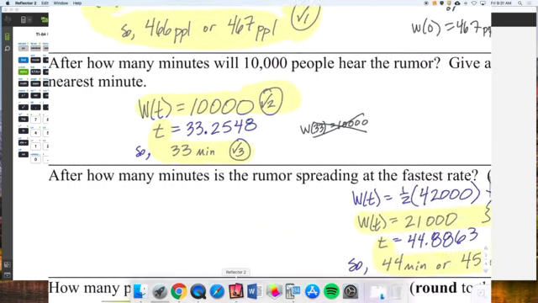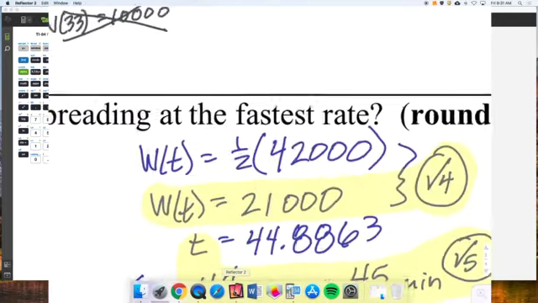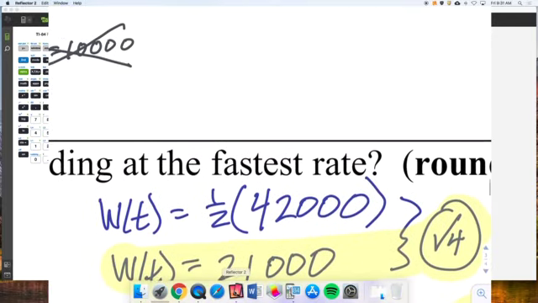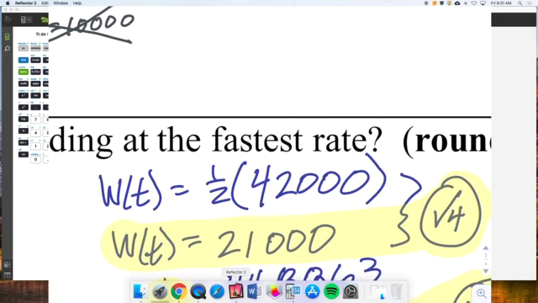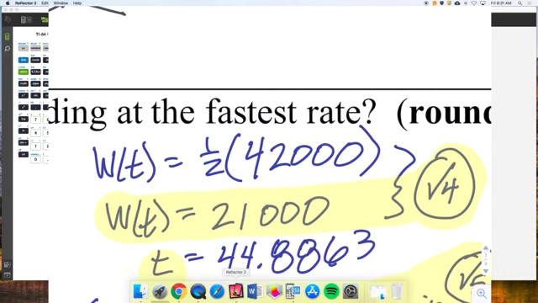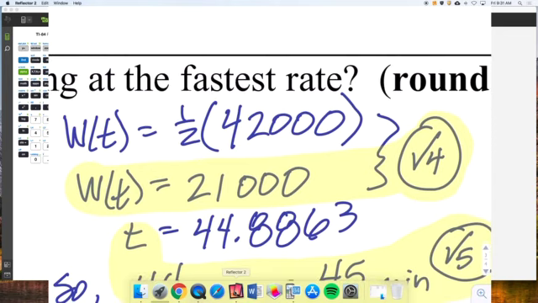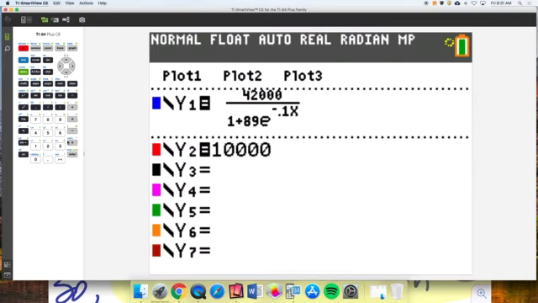Okay, after how many minutes was the rumor spreading the fastest? Well, most people figured this out, right? If there were 42,000 people there, it's going to grow the fastest when half of them, or 21,000, have heard the rumor. So you got a 4th check by setting W of T equal to 21 grand. And we do kind of the same thing now. We graph 21 grand and find the point of intersection.